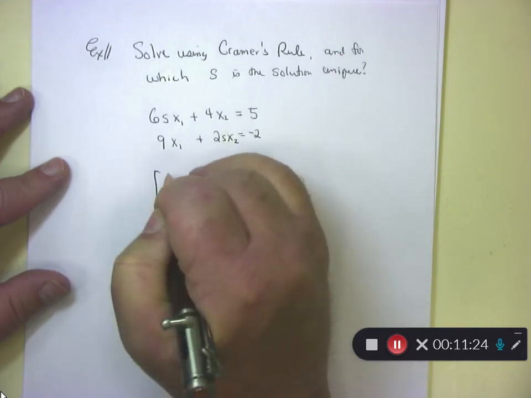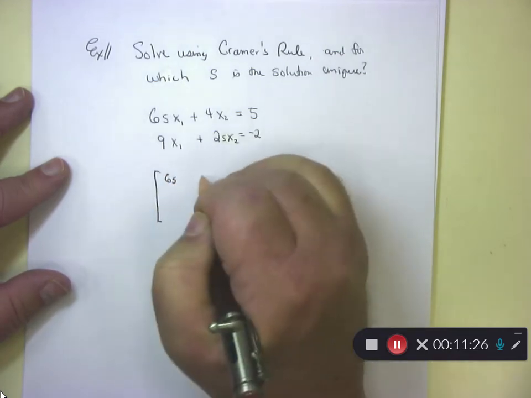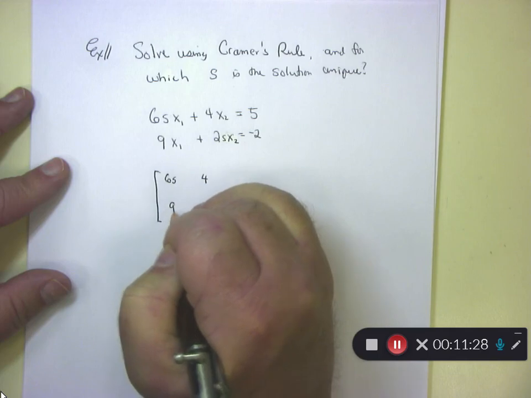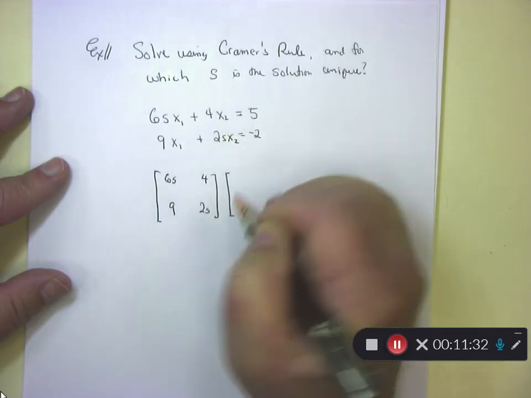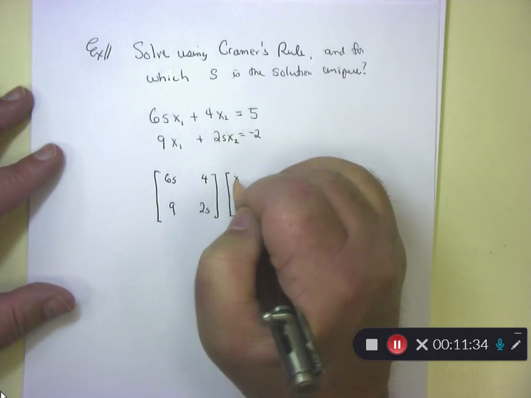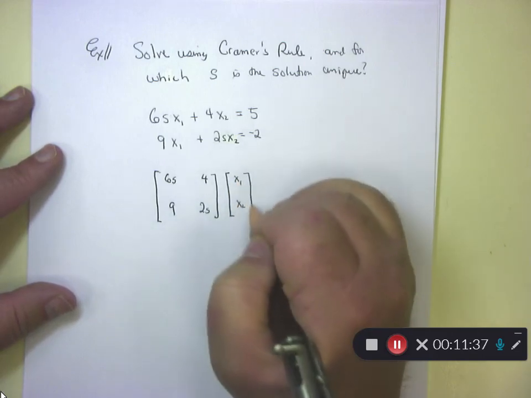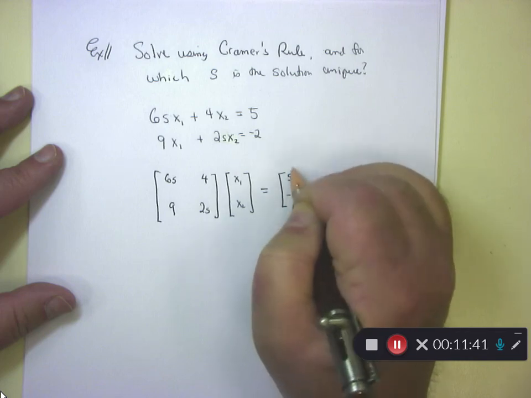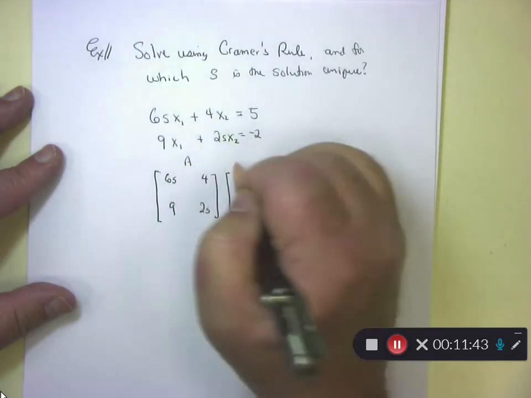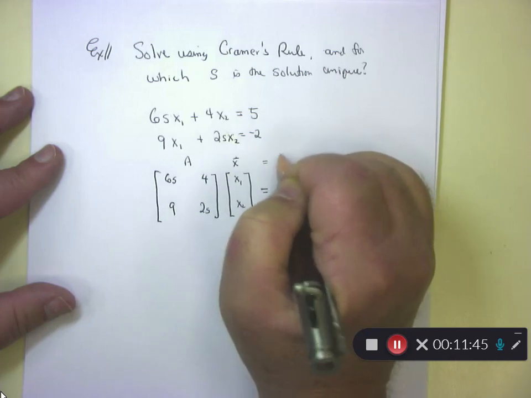So, this would be [6s, 4; 9, 2s] times my variable vector x1, x2, and it's equal to the vector 5, -2. So it's now the form Ax equals b.